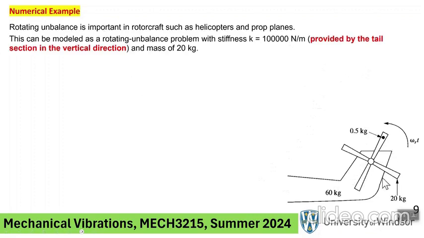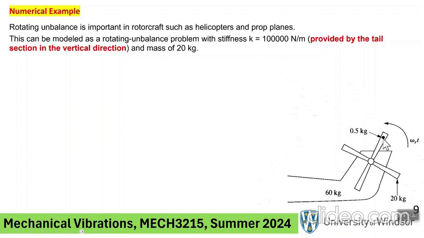Suppose we take the tail or the rear propeller of a helicopter, okay? And let's say that the mass of that propeller is 20 kilogram and is turning at a constant speed, of course.